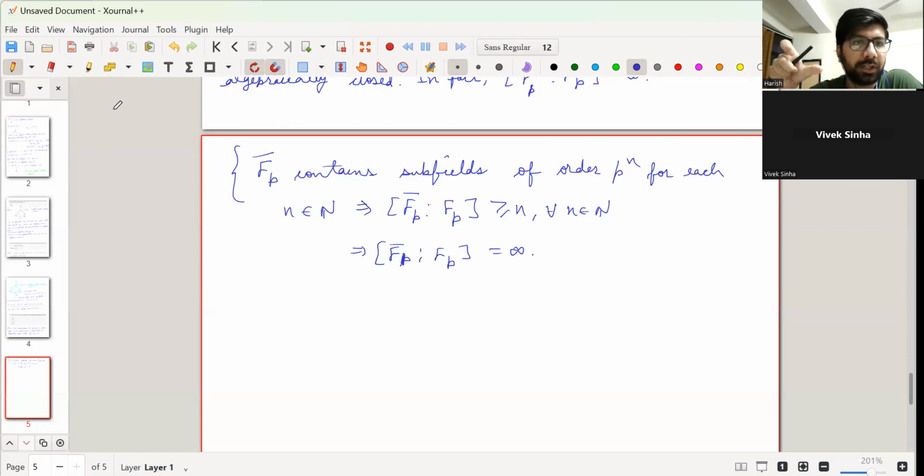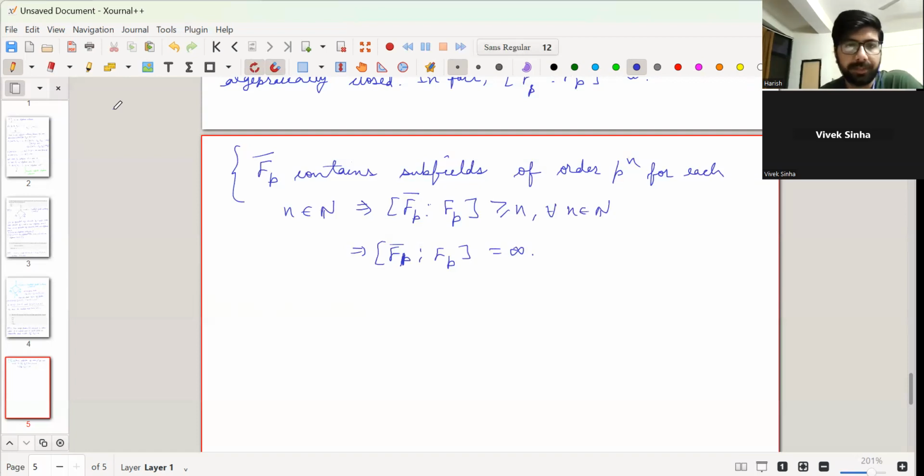So the closure of Fpr has to be greater than the closure of Fp, because Fp is contained inside Fpr. So for that closure also, it will hold that it contains subfields of all pth powers, and there also you can say the closure is of infinite dimension.